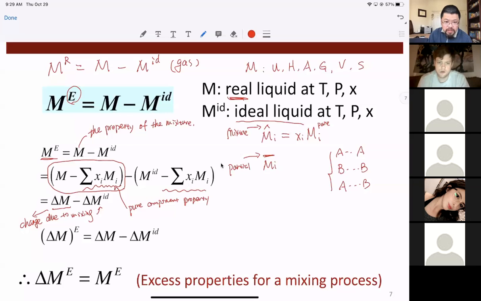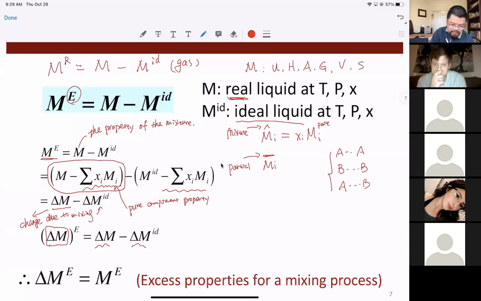So the interesting part is the next equation. If we try to use this mixing property delta M, you can understand this by the volume change due to mixing water and ethanol. Then we can see that if I use the excess property definition, this mixing property of excess would be this delta M minus delta M ID.